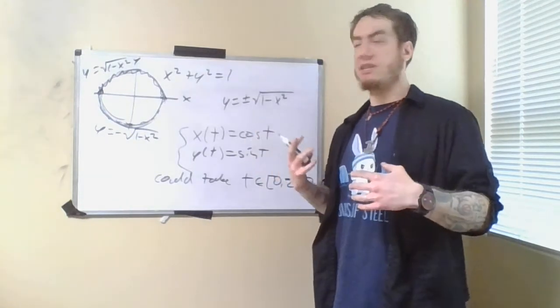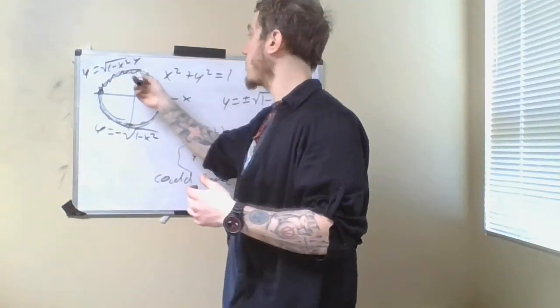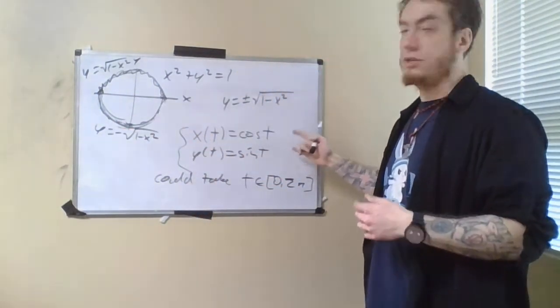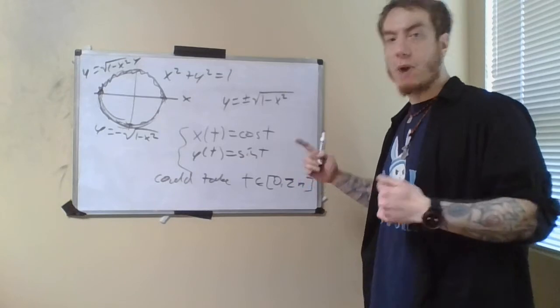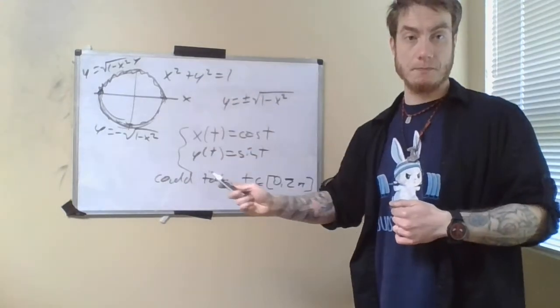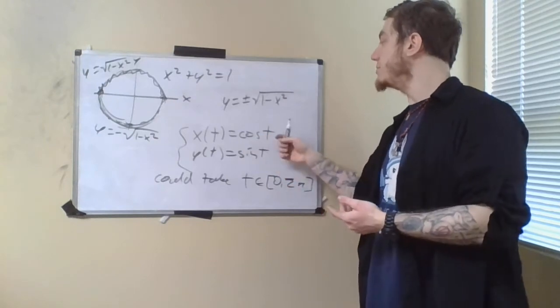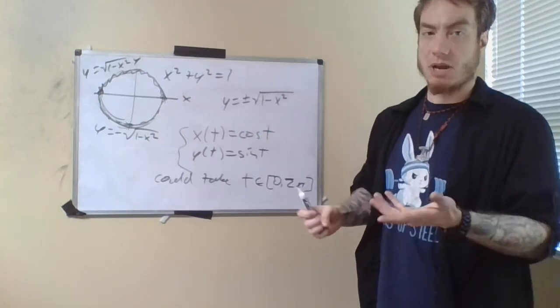Even if it has no significance, even if I'm just trying to describe this set of points in the plane, I might want to do that using functions rather than just using an equation. And in that case, I can do that by using a parameter. And again, the parameter can be arbitrary.